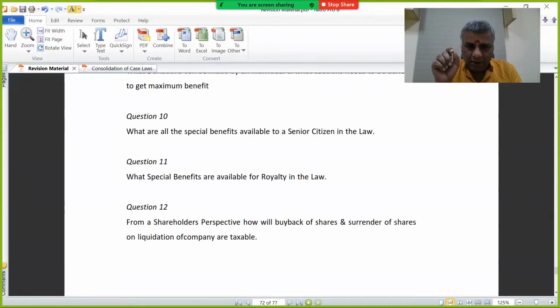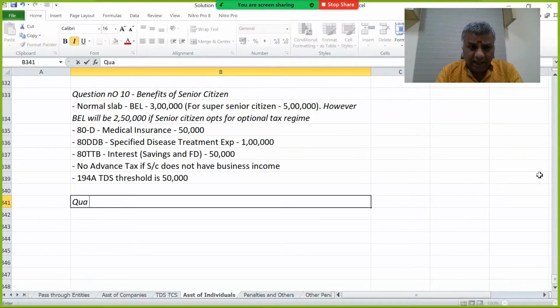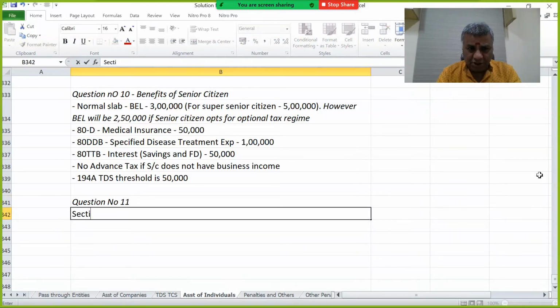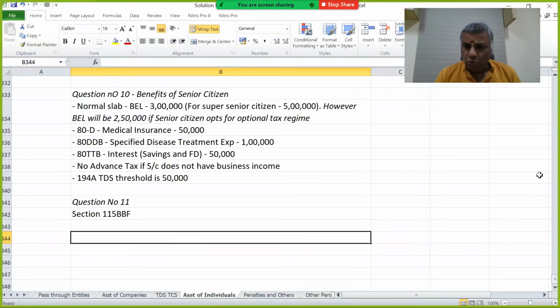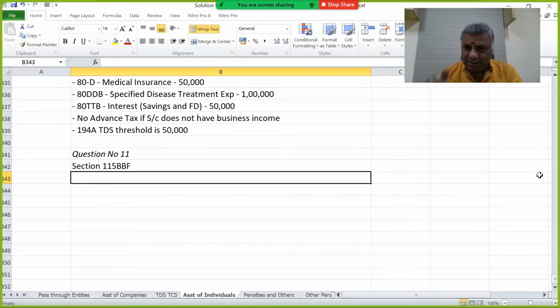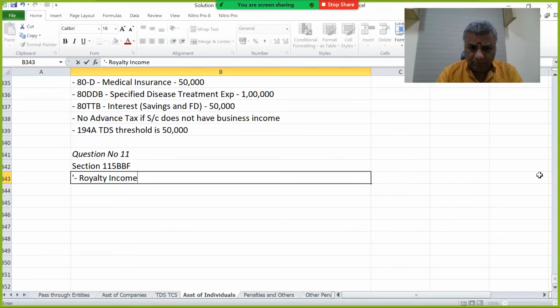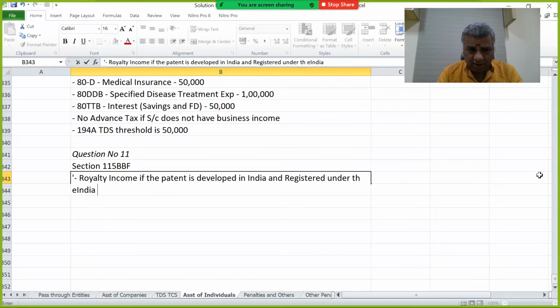Question number 11. What are all the special benefits available for royalty? Section 115BBF. This is the first section which gives us royalty.